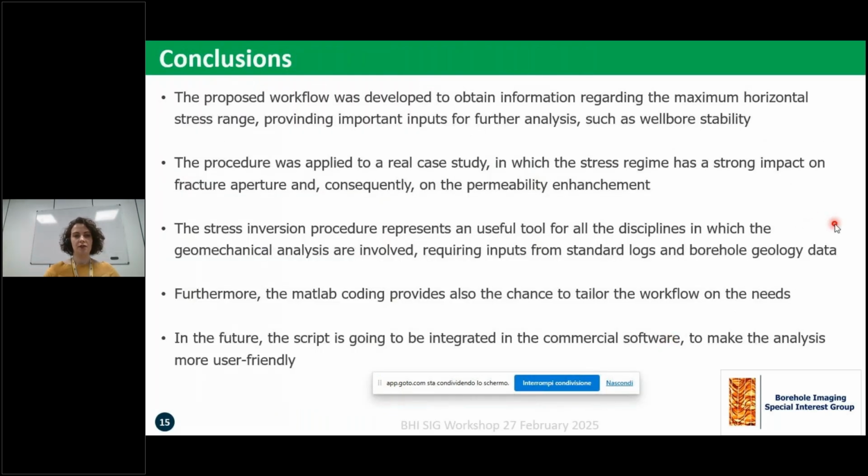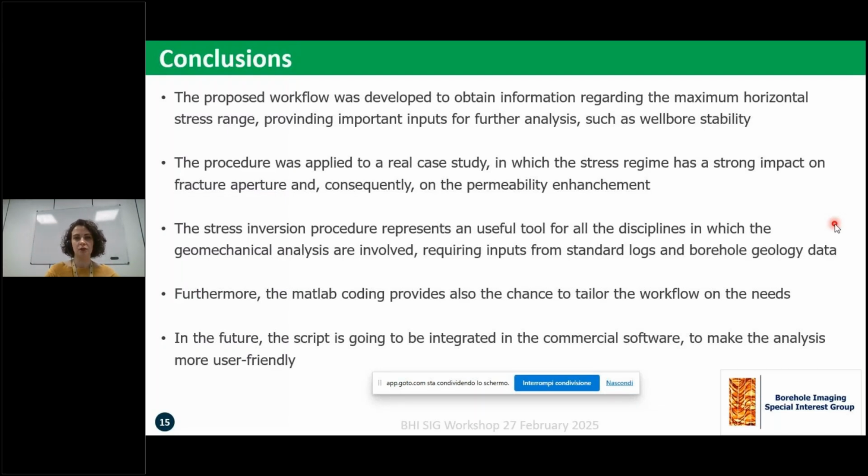So just to sum up what I showed you in these slides, we can see that the proposed workflow was developed in order to obtain information regarding the range of the maximum horizontal stress, which is important for a wide range of analysis, also in terms of health and safety, such as wellbore stability, subsidence, and so on.